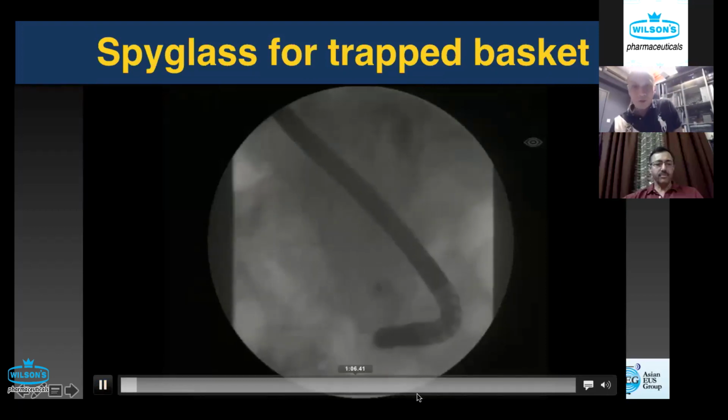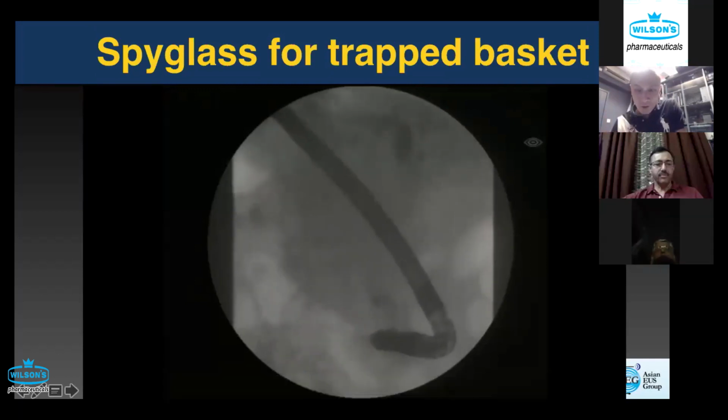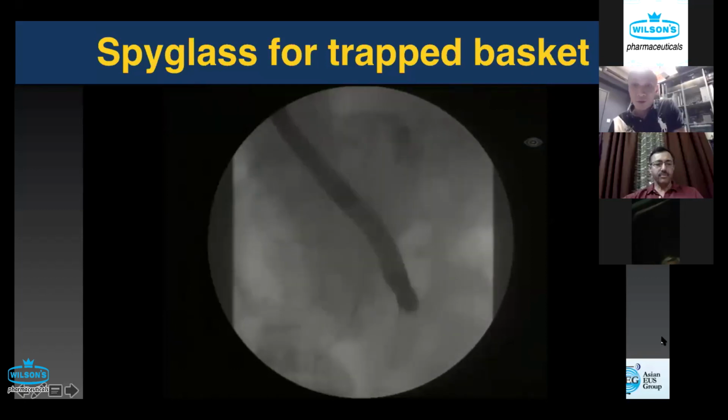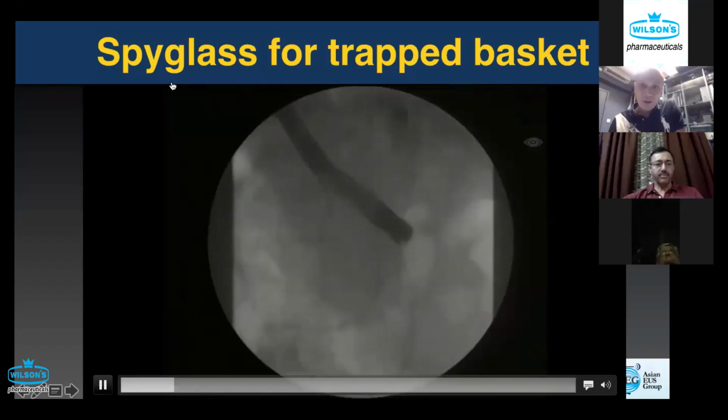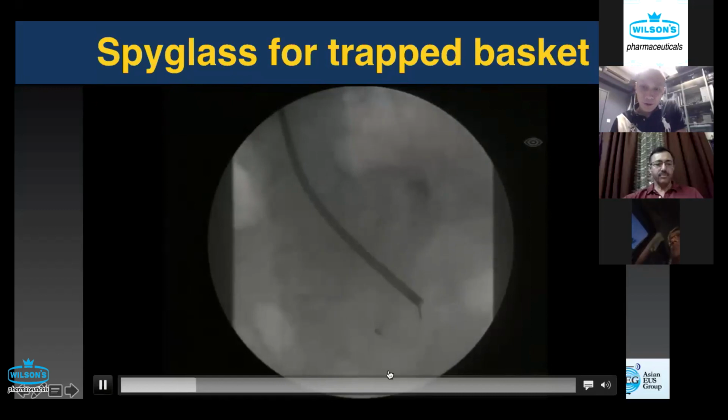The wires were very short, and the patient had to be transferred from another facility to our hospital. Luckily nowadays we have the spyglass that allows us to insert into the bile duct. Right here, we tried to use the Soehendra lithotriptor.